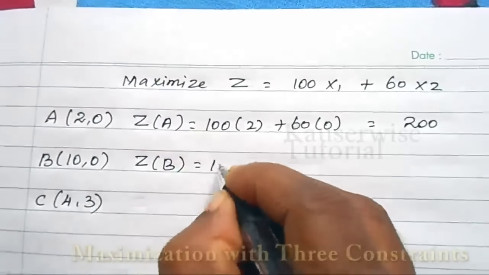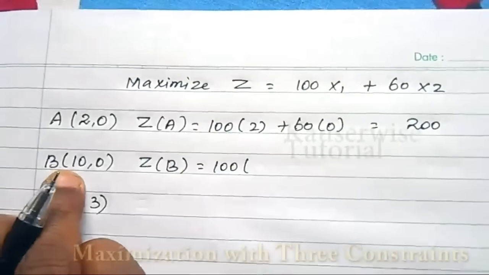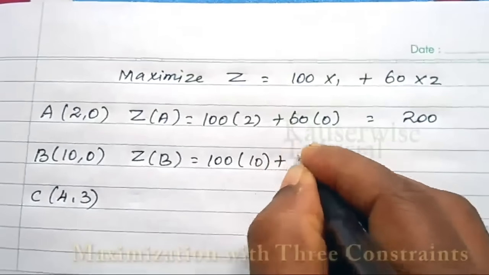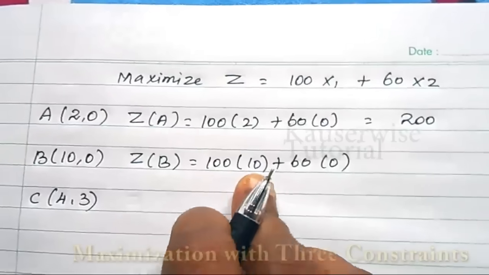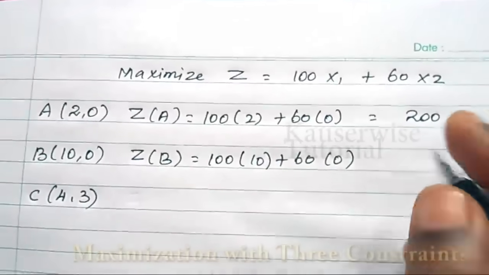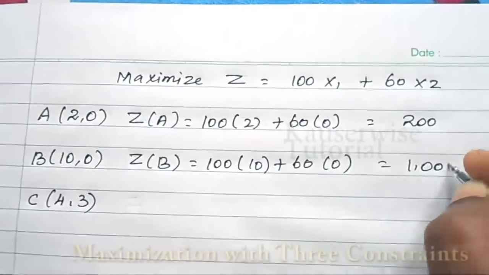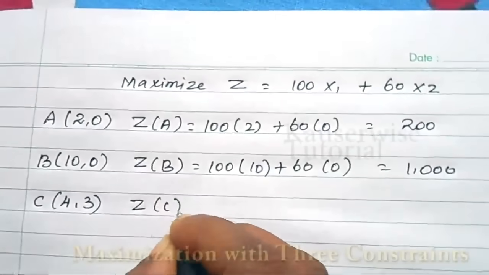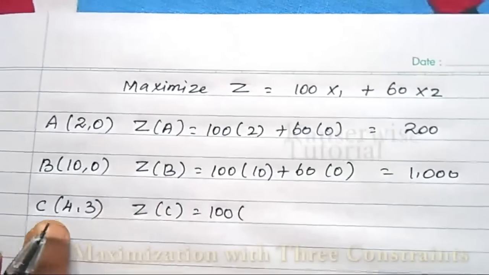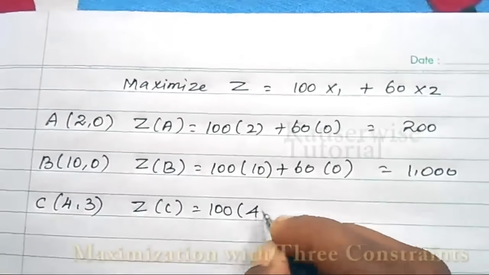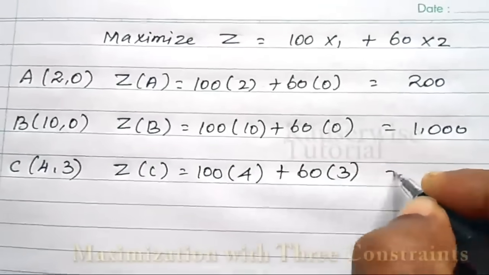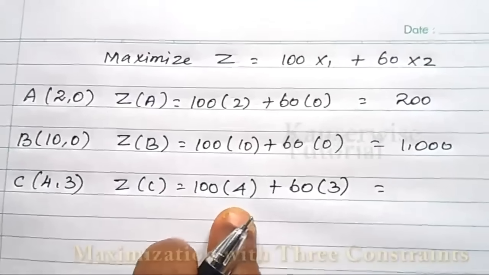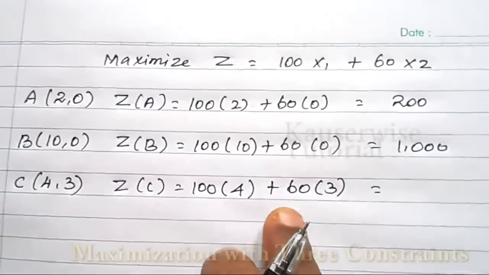For B, 100 into 10, 1000, plus 60 into 0, 0, so the answer is 1000. For C, 100 into 4, 400, plus 60 into 3, 180.